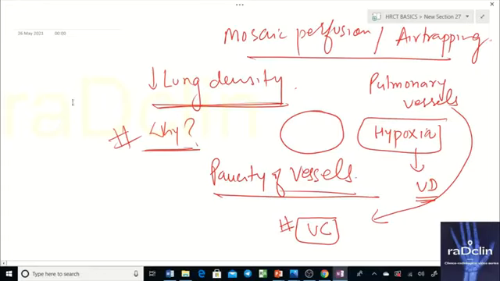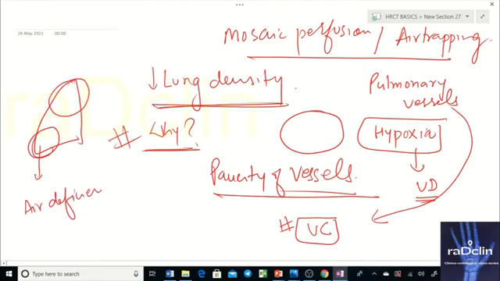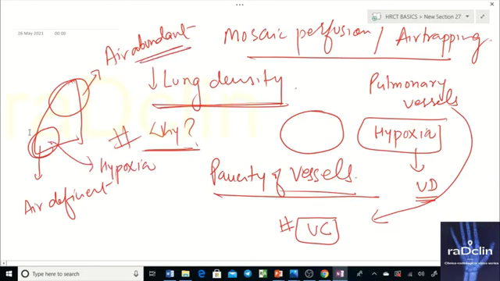Okay, so let's say in the lung you have air in this location and you have deficient air in this particular location. Let's say this is the air-deficient part of the lung and this is the air-abundant part of the lung. It's a defense mechanism of the pulmonary vessels that here you will have hypoxia since it is air deficient, so vessels at this location will be vasoconstricted or simply disappear.